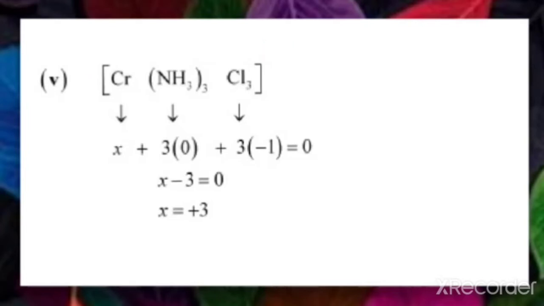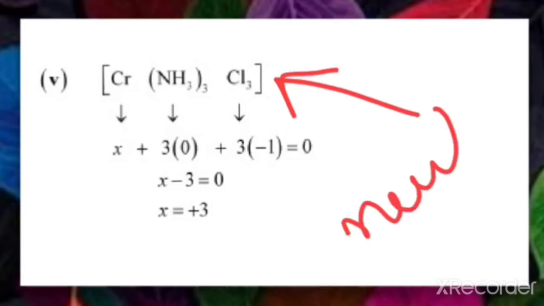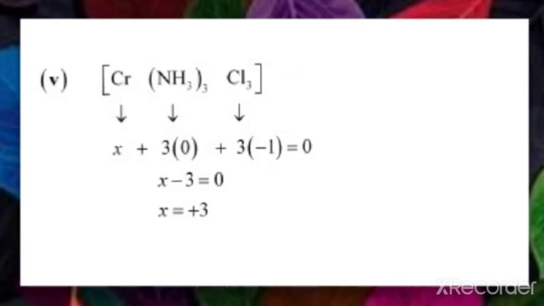So this type of complex is a neutral complex. Neutral complex means it has neither positive nor negative charge. At that time we keep the overall charge equal to 0. Now when you solve in the same manner, you get X equal to +3.